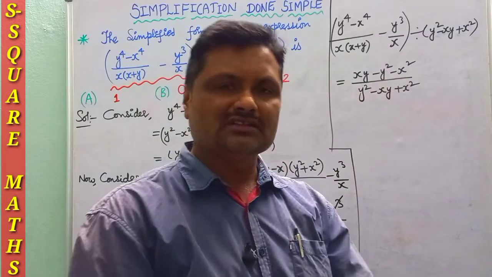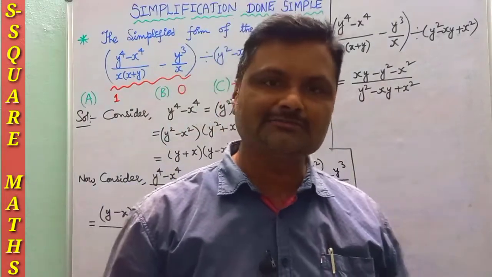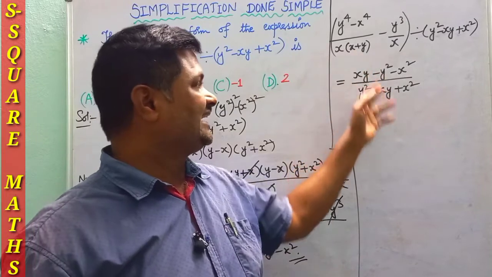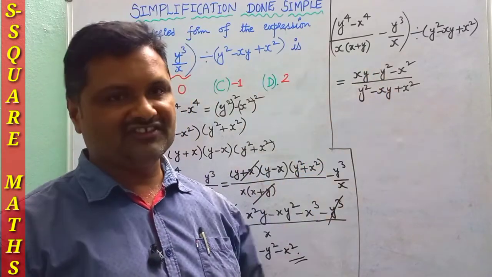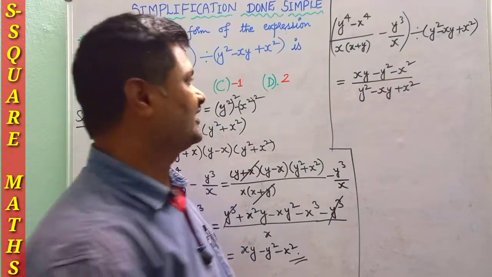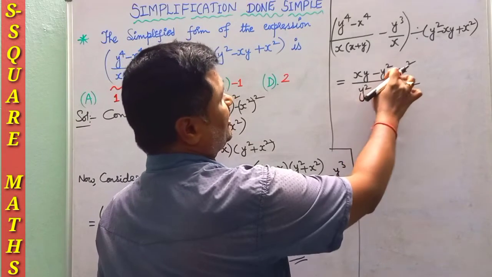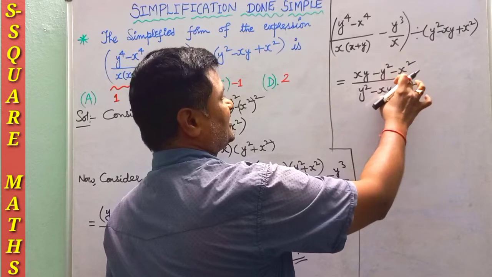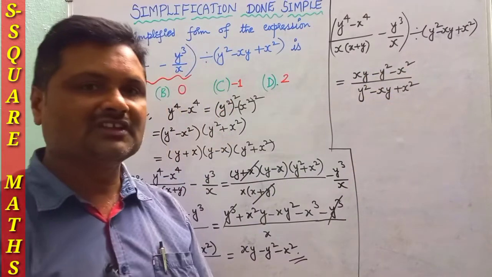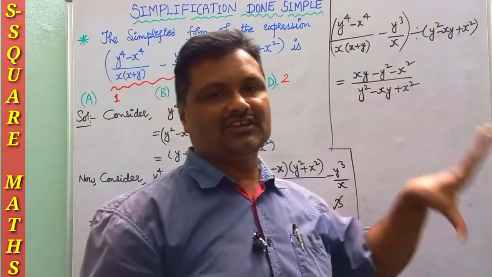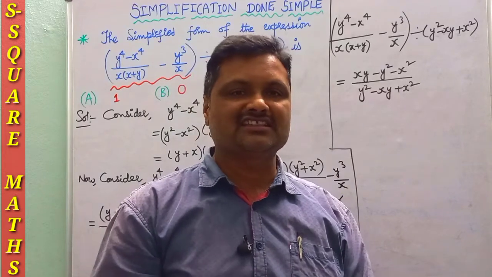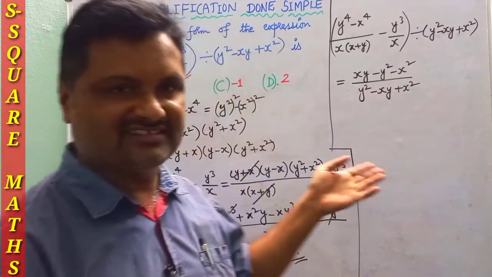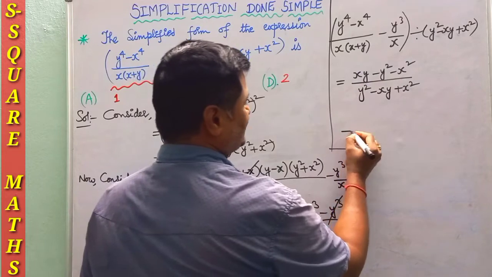Now students get a doubt here: the numerator and denominator are unlike terms, they are not the same. Here you have plus y square and minus y square, plus x square and minus x square, minus xy and plus xy. Only the signs are different, so let us change the signs by taking minus as common.